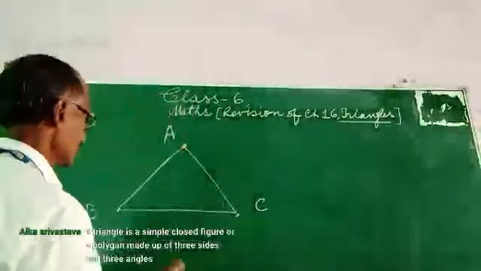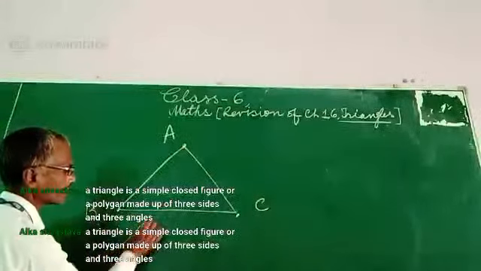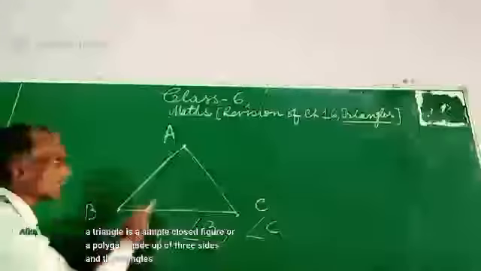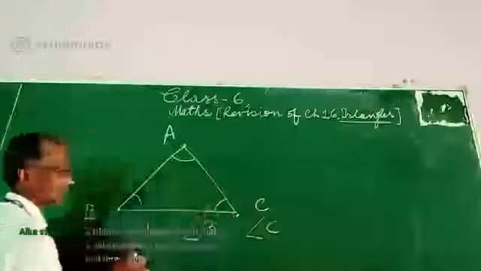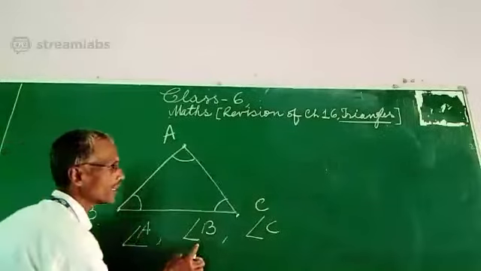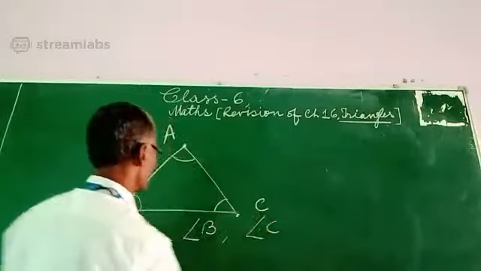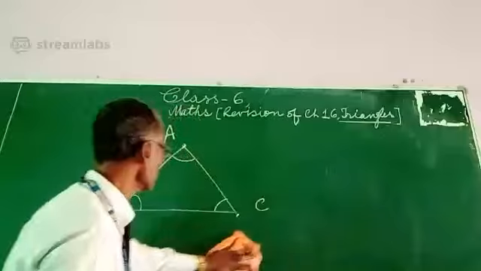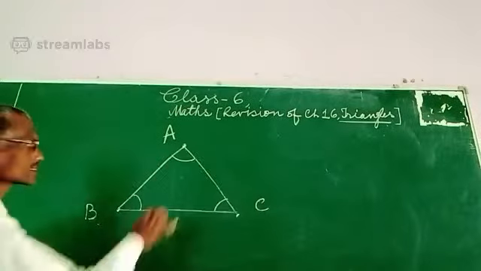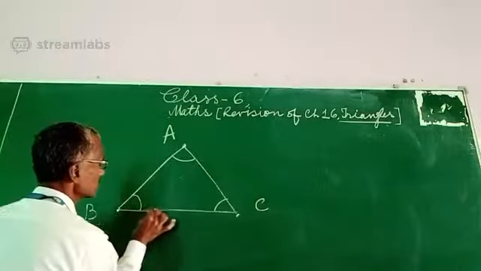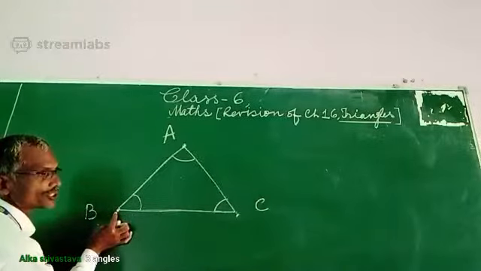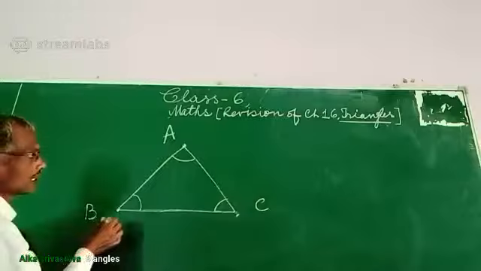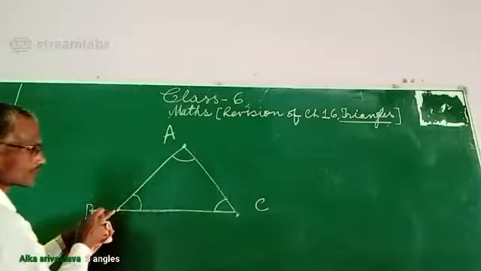Clear? Now how many angles are here? It has 3 angles: angle A, angle B and angle C. Each side has an opposite vertex.